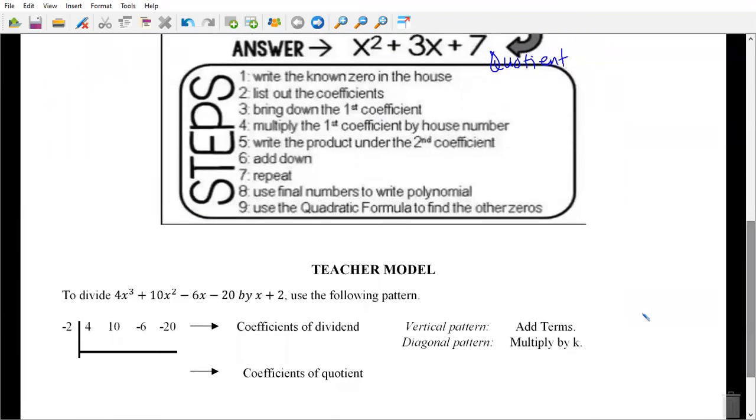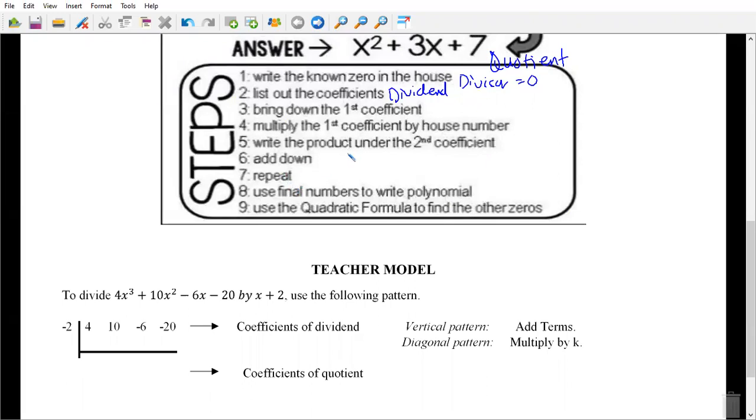So the steps that we follow: we write the known 0 in the house, and that's where we set our divisor equal to 0. We list out the coefficients of our dividend, and then we bring down the first coefficient. We multiply the first coefficient by the house number, and then we write the product under the second coefficient, and we're going to add down, and then we repeat the steps again.